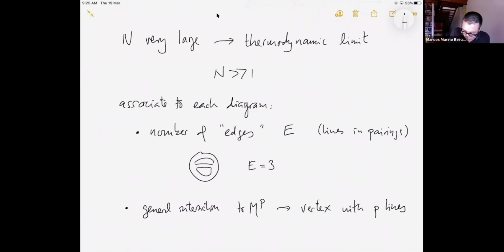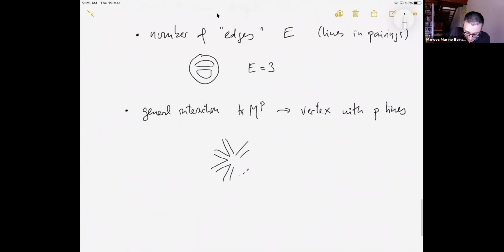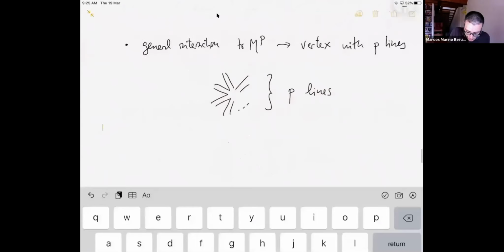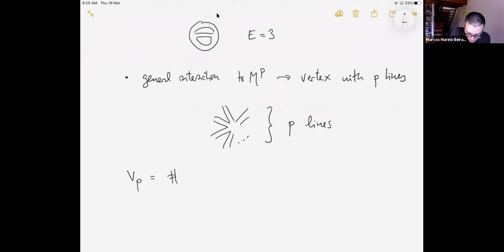So you would have something like a wheel like this, with p lines. We are going to write V_p for the number of vertices with p lines. This is another characteristic of our diagrams.